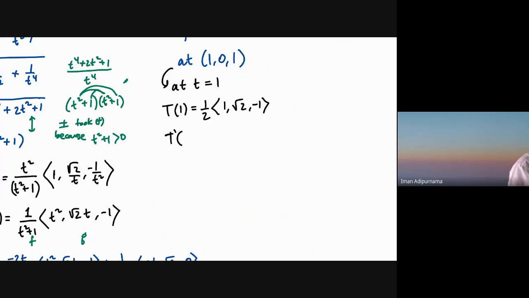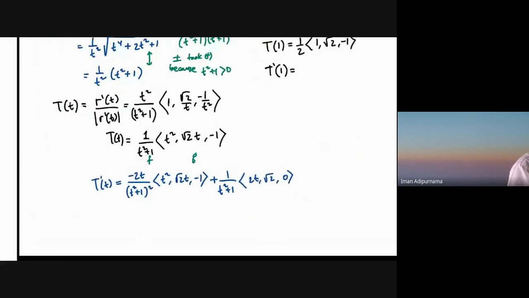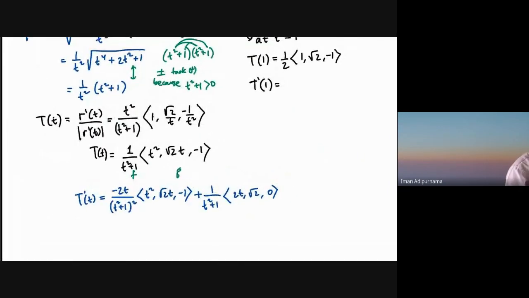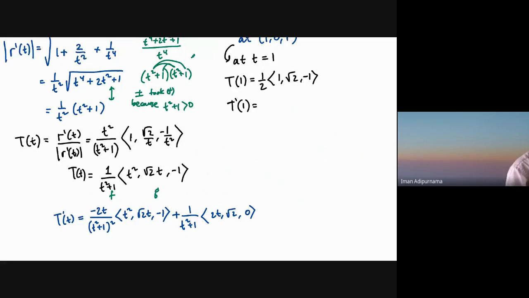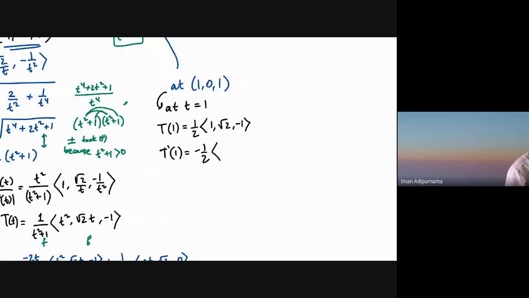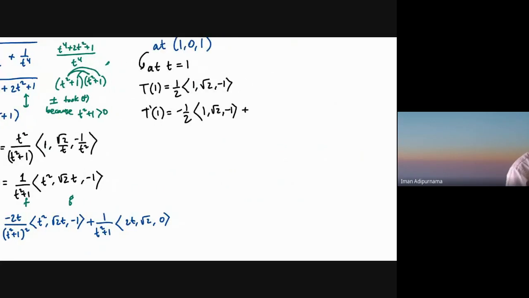And then this T prime: negative 2 to 4, for negative half, 1, oh, it's the same. And plus half 2.